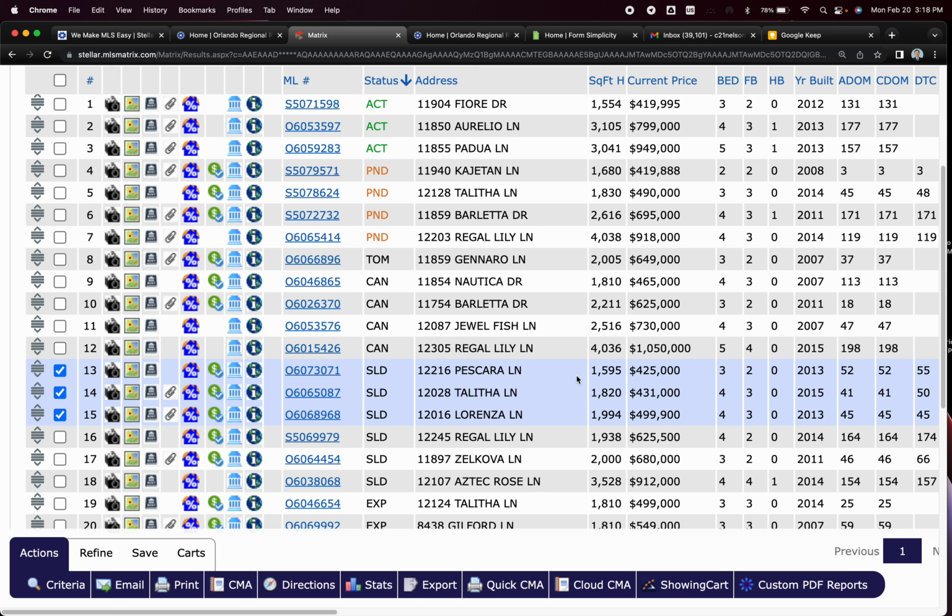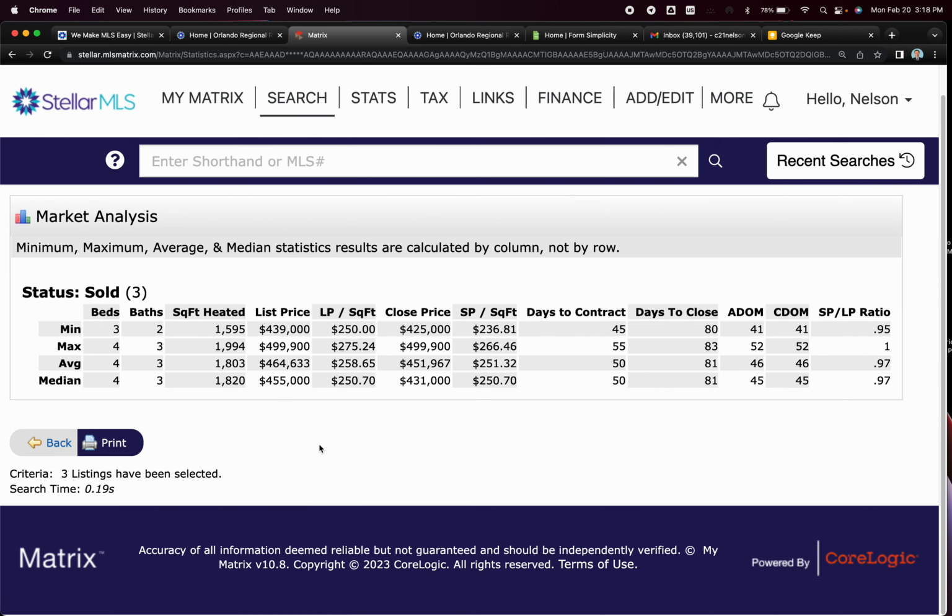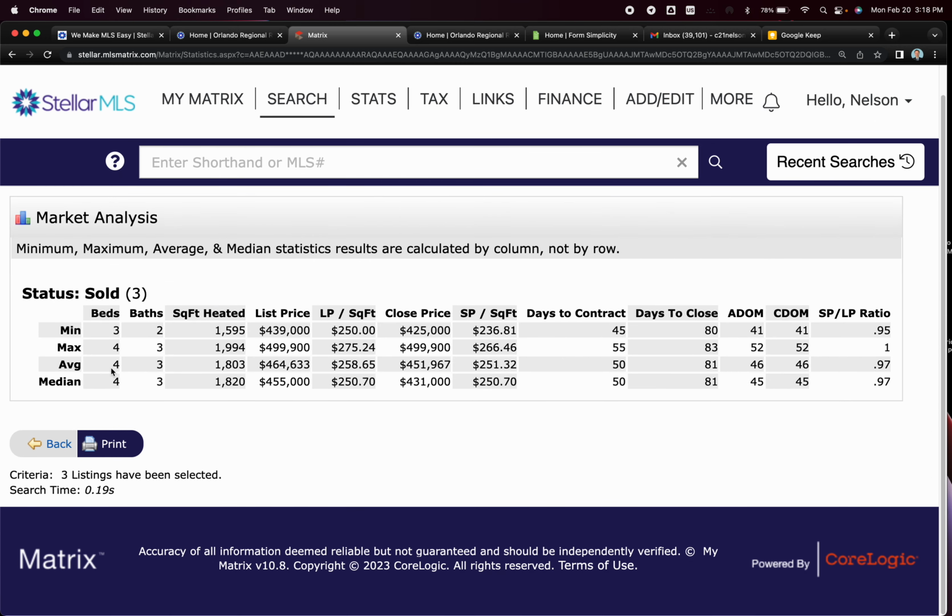With those 3 comps, you can go to the stats here, tabular, and it gives you the stats for that. Average sales price per square footage right here is 251.